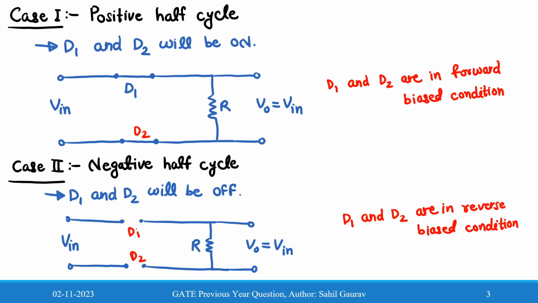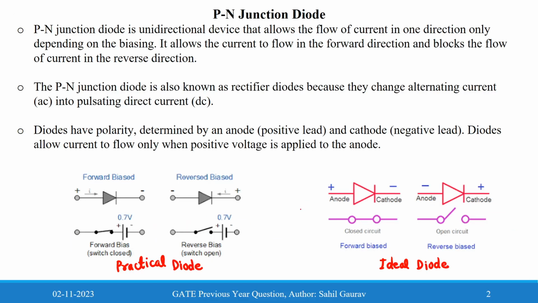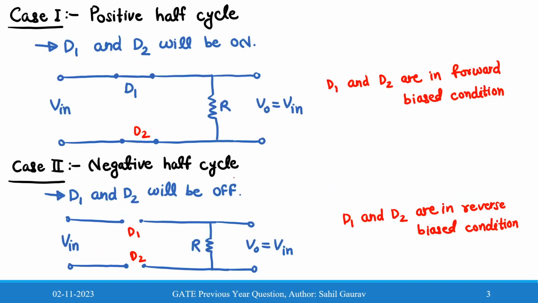So it will behave as an open circuit since they are in reverse biased condition, because anode is having negative voltage coming here at the anode, while in forward bias positive voltage appears at the anode. That's why in positive half cycle D1 and D2 will be on while in negative half cycle D1 and D2 will be off.